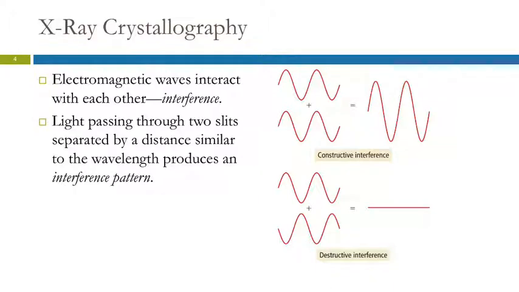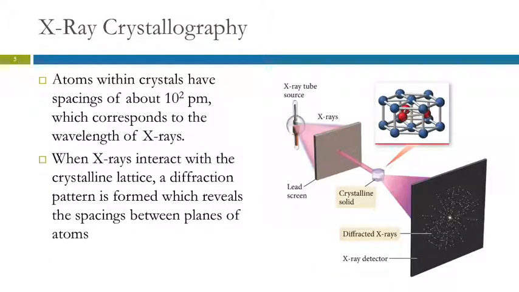So we can make use of this to explore the structure of atoms, but we need something where the wavelength of the electromagnetic radiation is close to the size, the distance between the atoms. Those spacings in the crystals are about 100 picometers, which corresponds to electromagnetic radiation that we call X-rays.